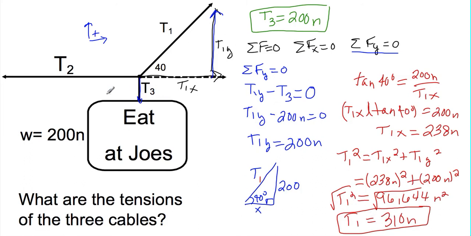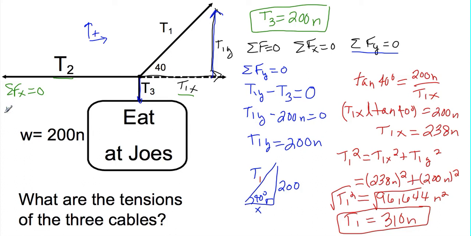So working through, I found T1, 310 newtons. I found T3, the weight of the sign, 200 newtons. I'm still looking for T2. However, I'm going to use this little space on the side here because I'm getting a little short. I have to remember that the sum of the forces in the x direction equals 0. Well, when I'm talking x forces, I just have this and T2.